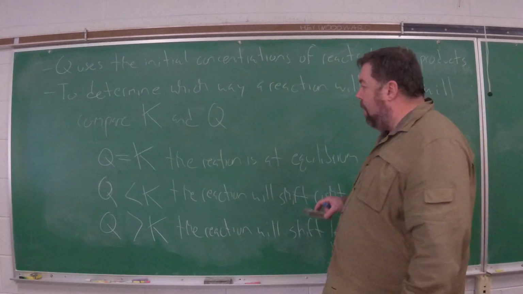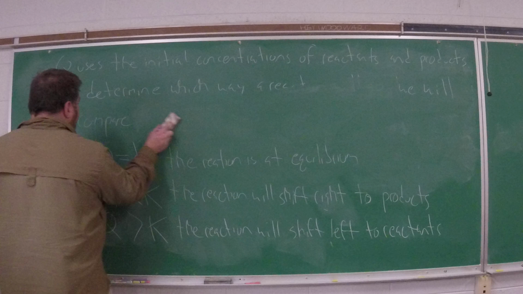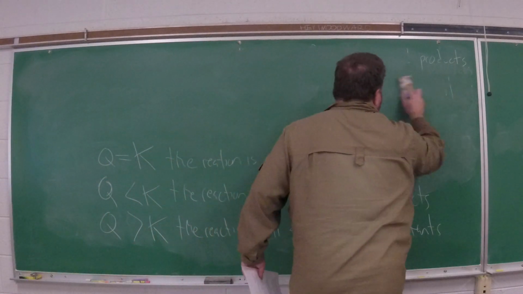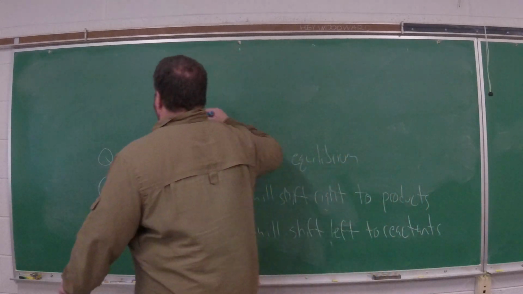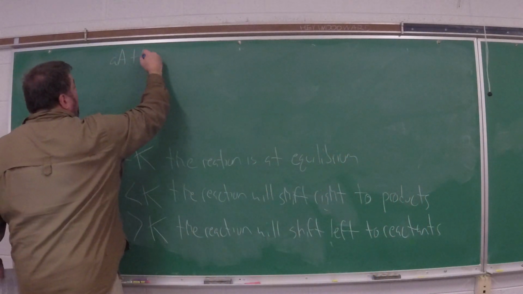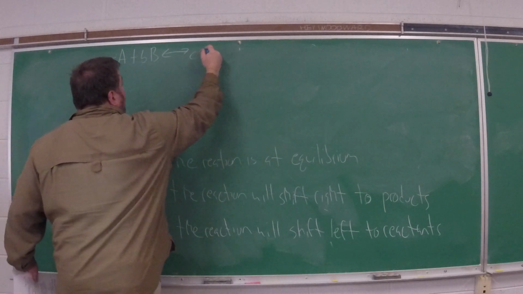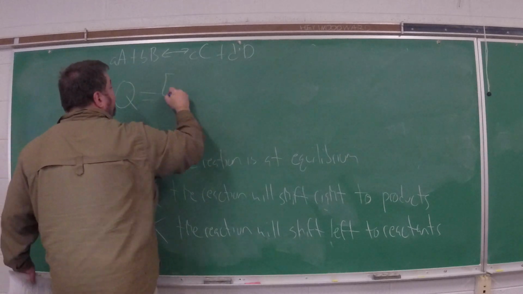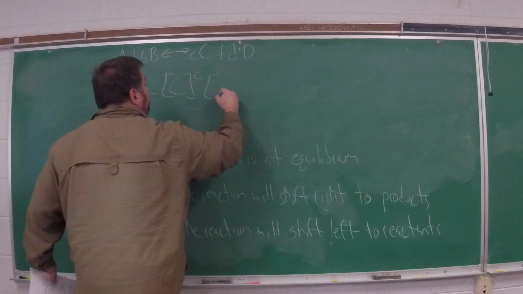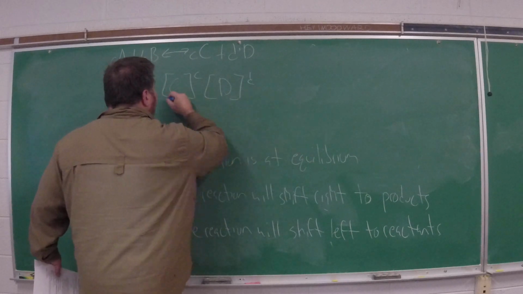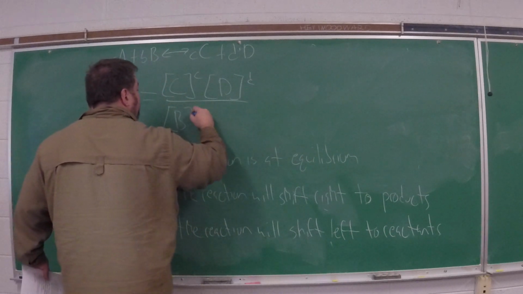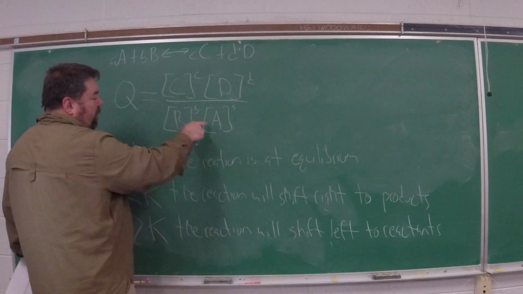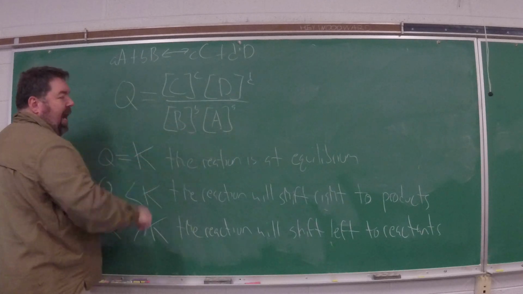Let me rewrite my generic chemical equation, and let's look at what this means mathematically. So again, my Q, products over reactants, right?